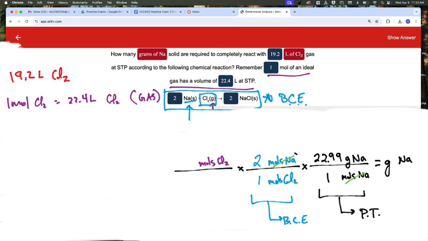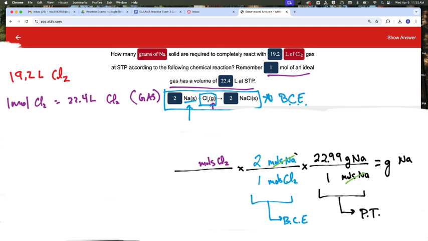It doesn't say 22.4 moles. It says 22.4 liters is equal to a mole. So do I know the moles of chlorine? Do we know the moles of chlorine? No. It's not given information.